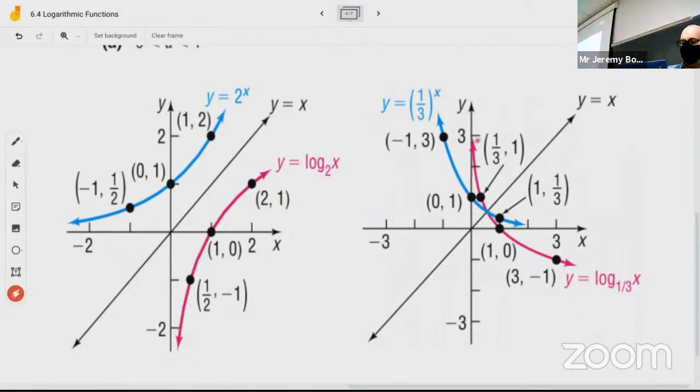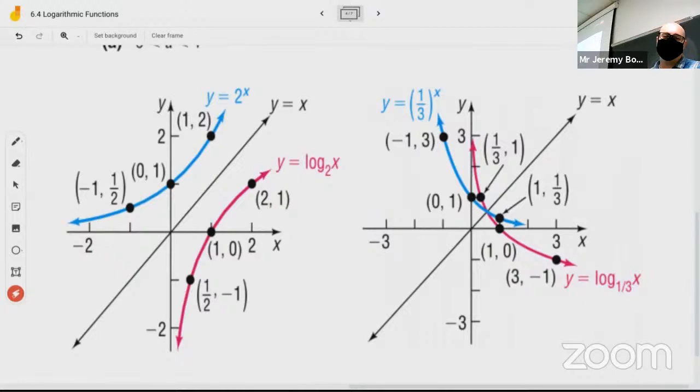And so its graph will look like this right here. Notice the points are swapped. Instead of -1, 3, you have 3, -1. 0, 1, you have 1, 0. From the exponential, 1, 1/3, you'd have 1/3, 1.